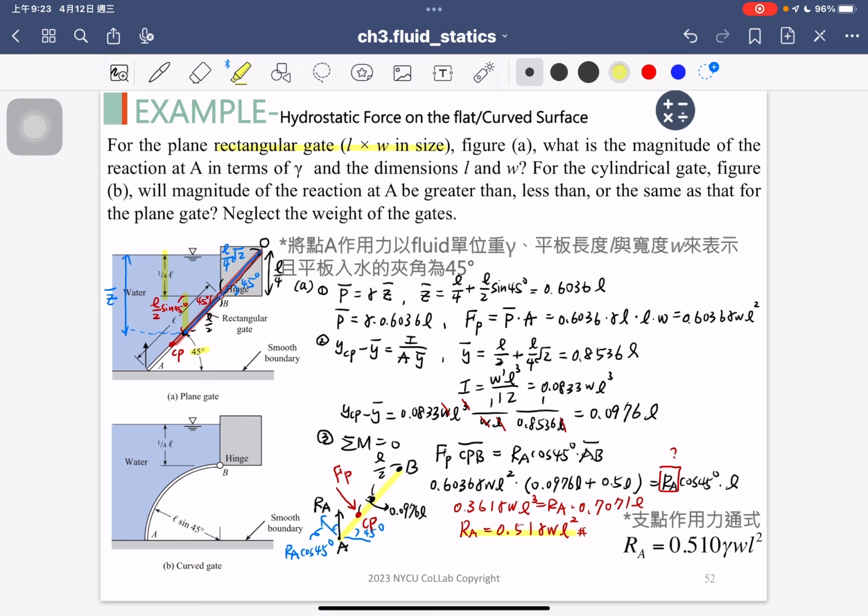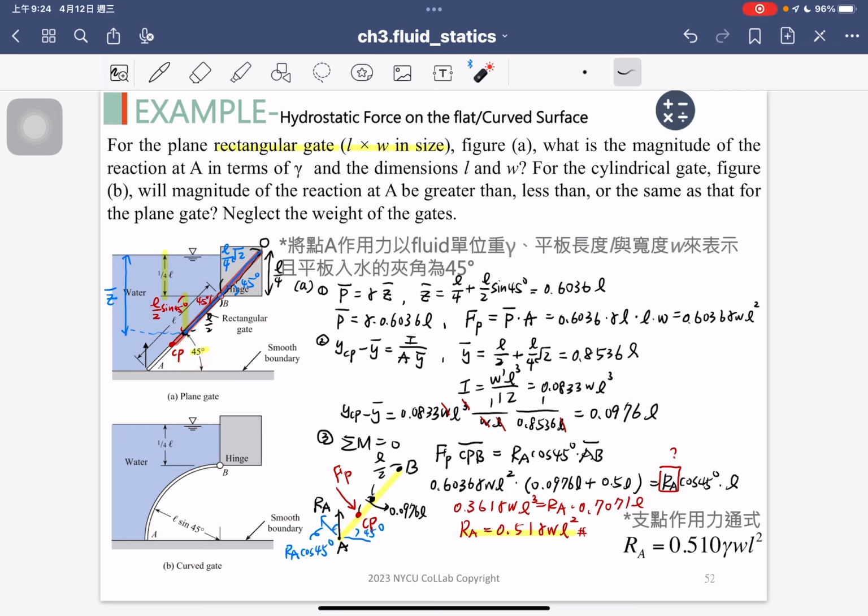For this question we don't put in certain numbers, because we would like to derive the final general equation for the plate panel. This equation is specific to the 45 degree angle.